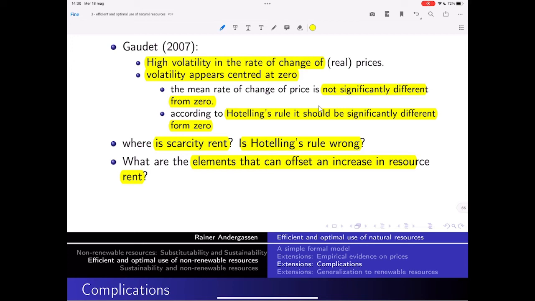Technology improvement, so you mean that we are becoming more efficient and using less? Or it's less costly to extract one unit. Exactly, yeah, exactly. That's something we are missing. So that was not in the model. So we are missing extraction costs and the fact that extraction costs over time got cheaper.